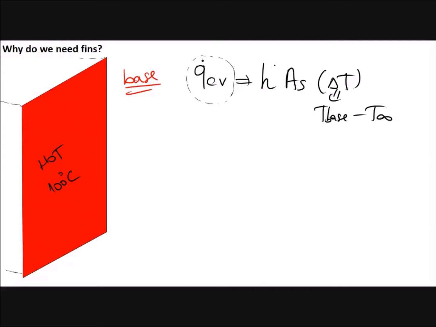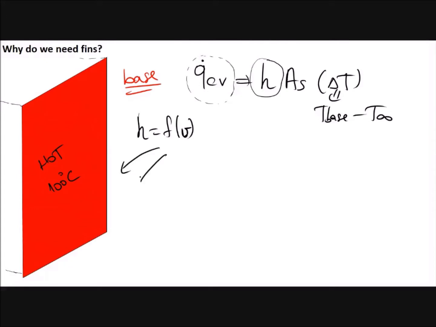So the first thing is that you can increase the value of h for better heat transfer. And we know that h is a function of velocity, most of the time. So if you increase the value of h, you should use something that increases the velocity of the medium.